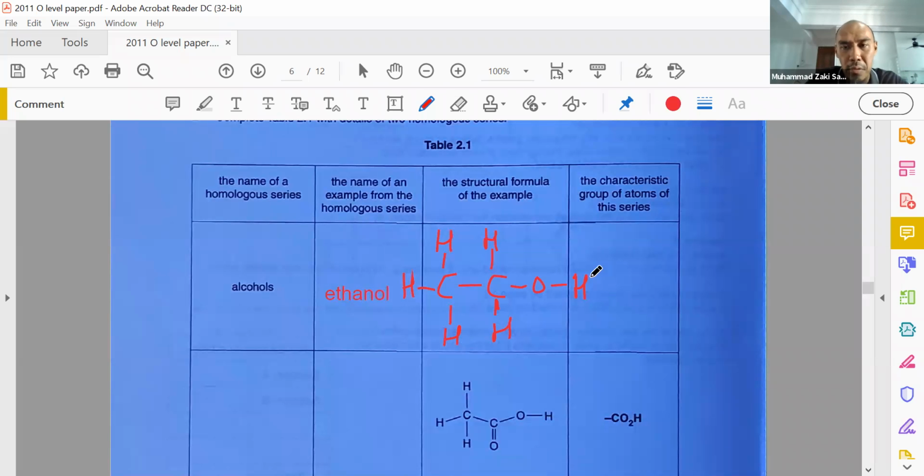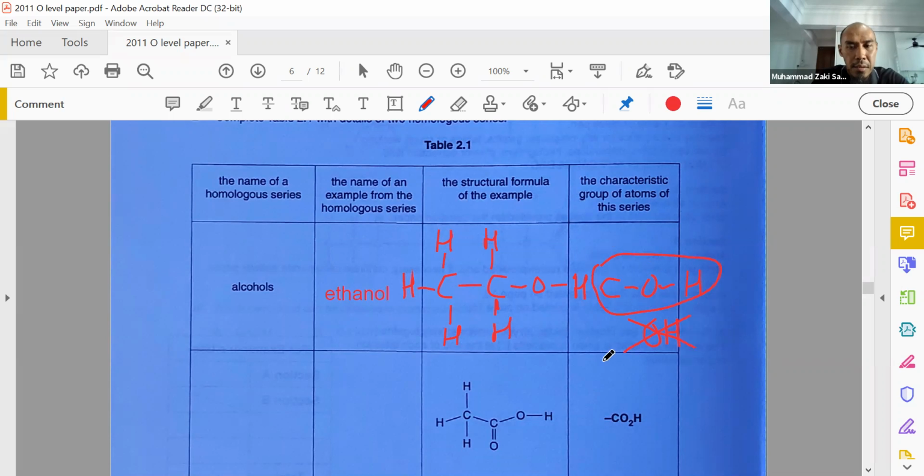Please take note of that. What is the characteristic group? It is the OH group. We can write down C-OH, accepted. Don't put OH with a negative sign, do not put OH. This can lead to confusion. It might be from alkali, so don't write this. Write this.